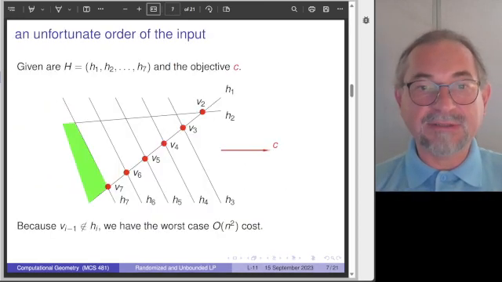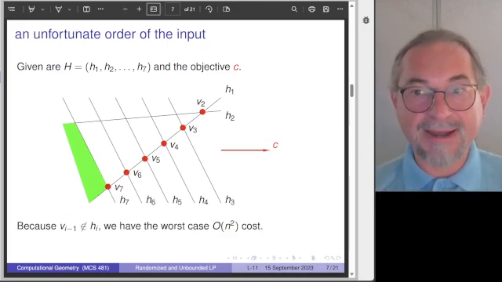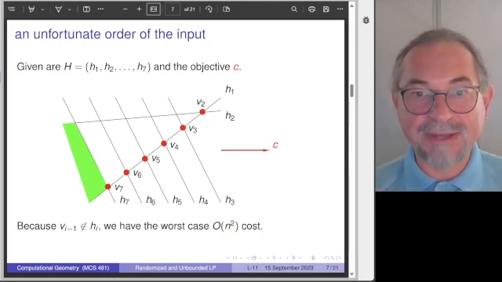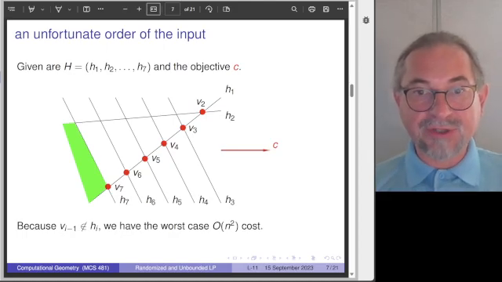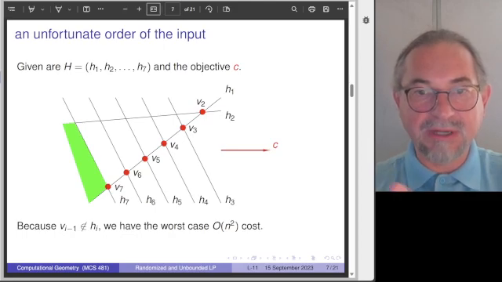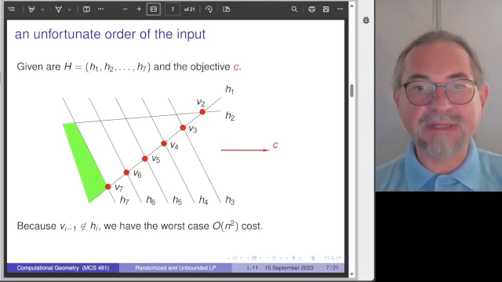Okay, so let us come back to our geometric view of our linear programming problem. In the previous lecture, we were considering a sequence of half planes. Here in the example, we have 7 half planes.